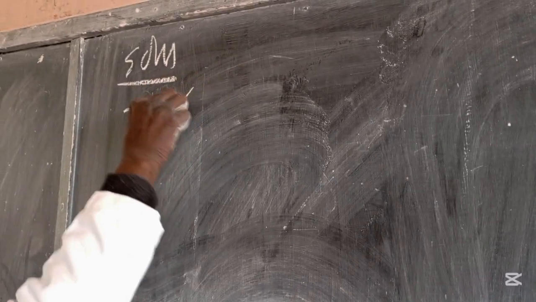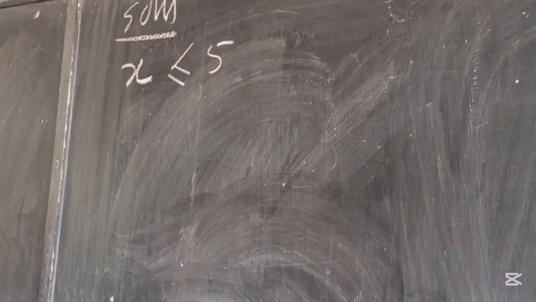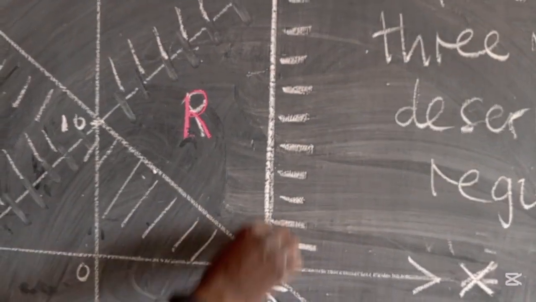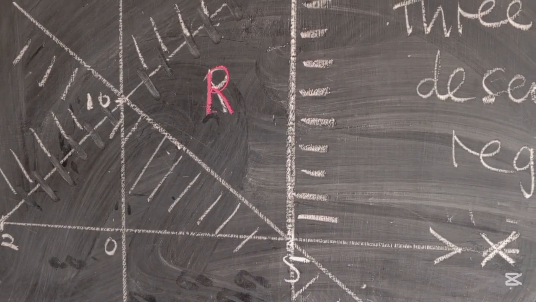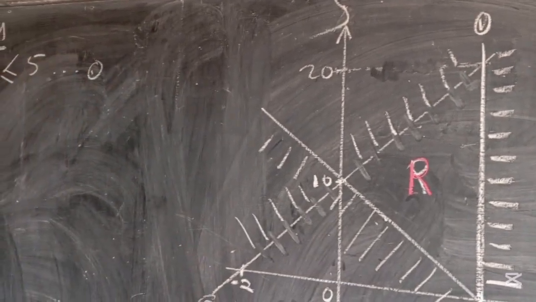So it should be less or equal to 5. Why have I said less or equal to? This line is solid. Tell your neighbor that it is a solid line. Since it is a solid line, I should put less or equal to. So this is inequality 1.